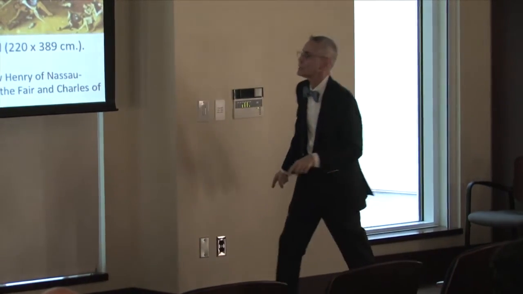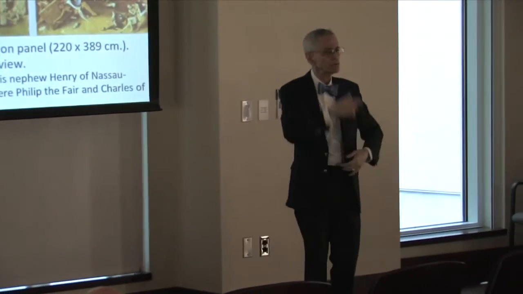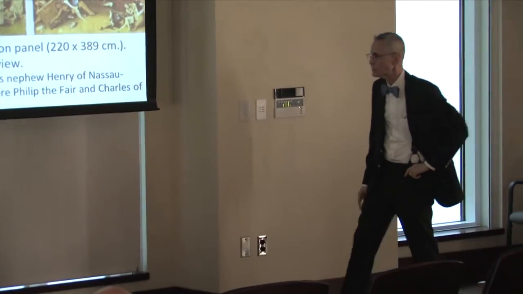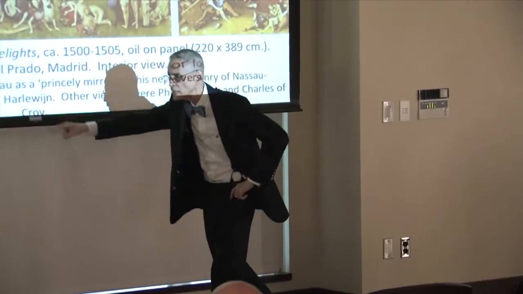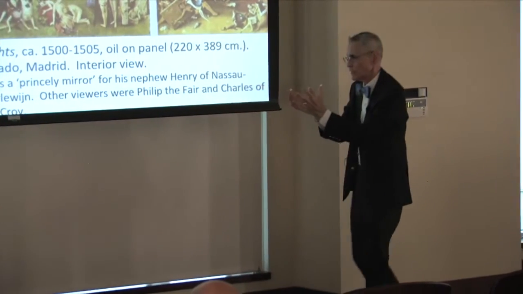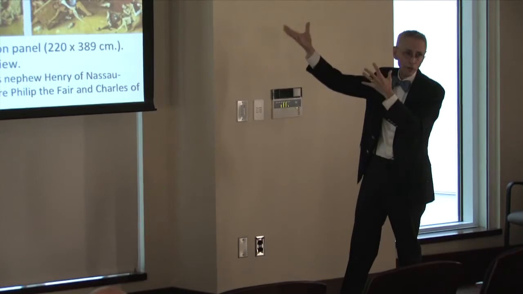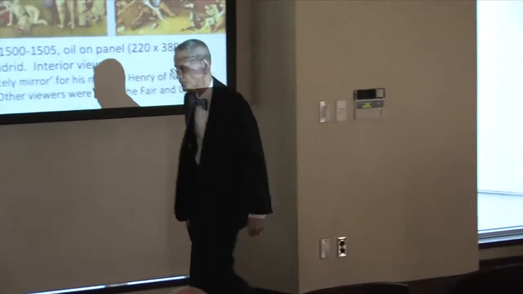So it is very unlikely that Henry would have stood in front of this picture by himself and meditated on it. It is more likely that he was standing in front of it with Philip the Fair, Charles de Croy, Joris van Harleveen, other members of this high aristocratic circle, and talking about it, discussing it, figuring it out.